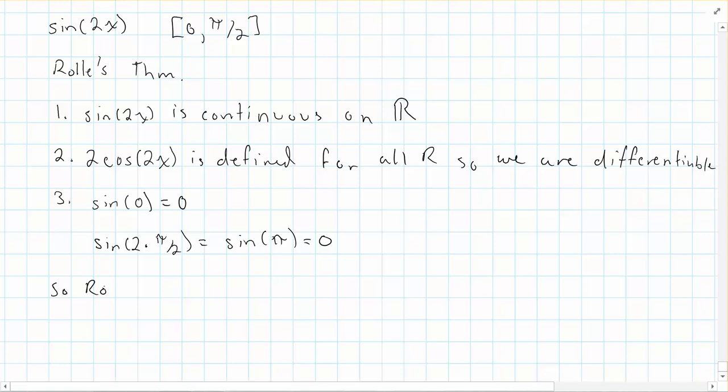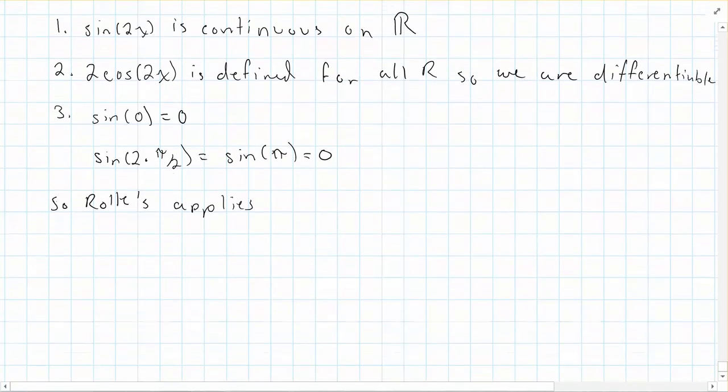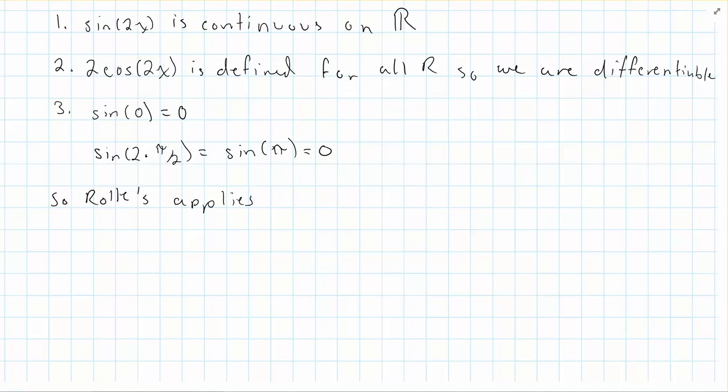So Rolle's theorem applies. And Rolle's theorem basically gives us that we have to have some points where the derivative is actually equal to 0 in the interval, so we just find those now.